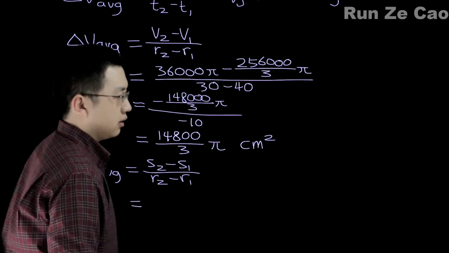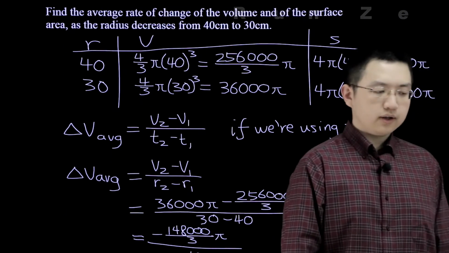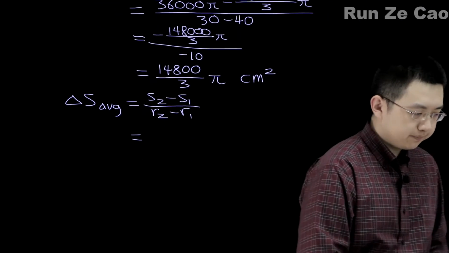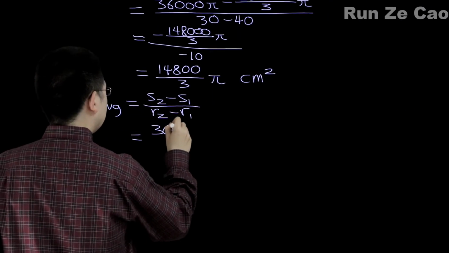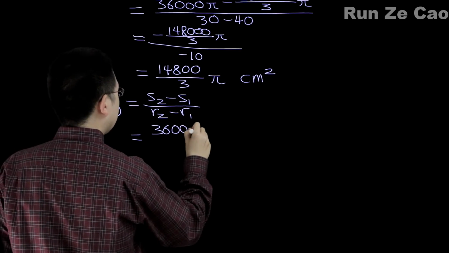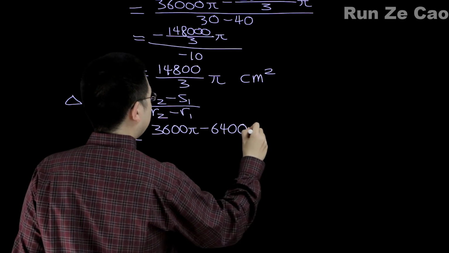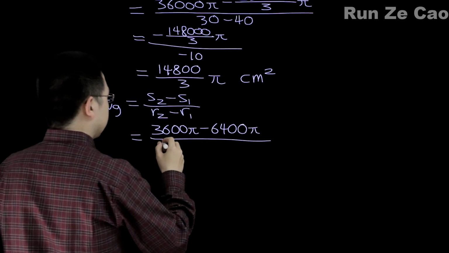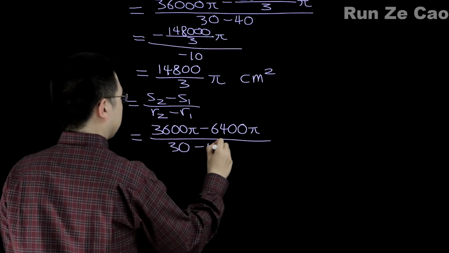So this is, once again, we reiterate that we're going from 40 centimeters to 30 centimeters and from 6400 pi to 3600 pi. 3600 pi minus 6400 pi over radius 2 is 30 minus radius 1, 40.